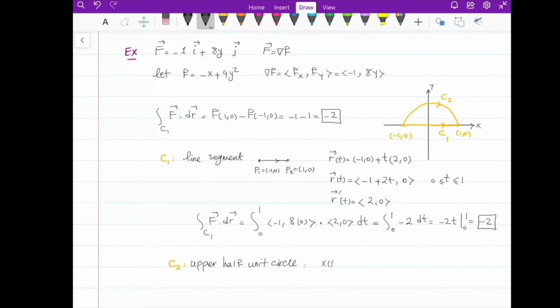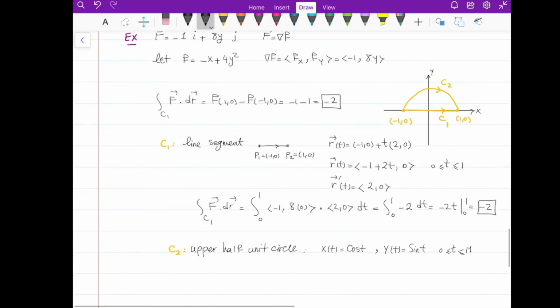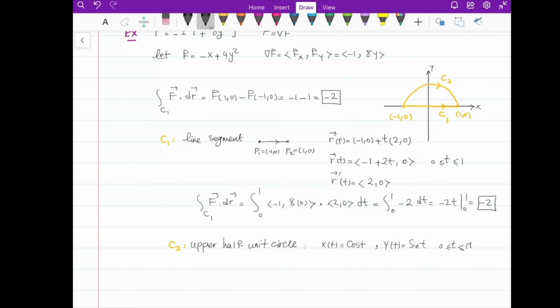I'm going to parameterize it as x of t equals cosine t and y of t equals sine t, where t is between 0 and pi. It's from here to here, so t should go from pi to 0, but it doesn't make sense. That's why it's kind of backward: it's clockwise rather than counterclockwise. So x prime of t is negative sine t, and y prime of t is cosine t.